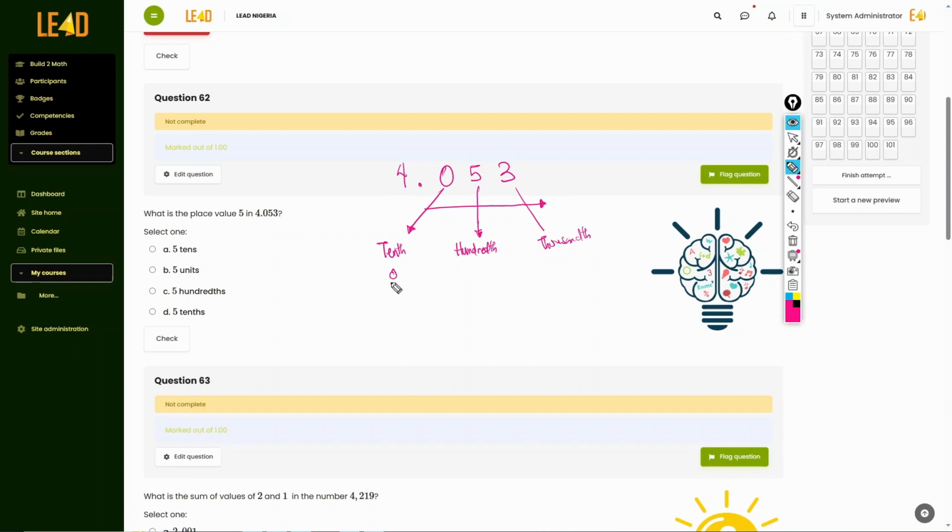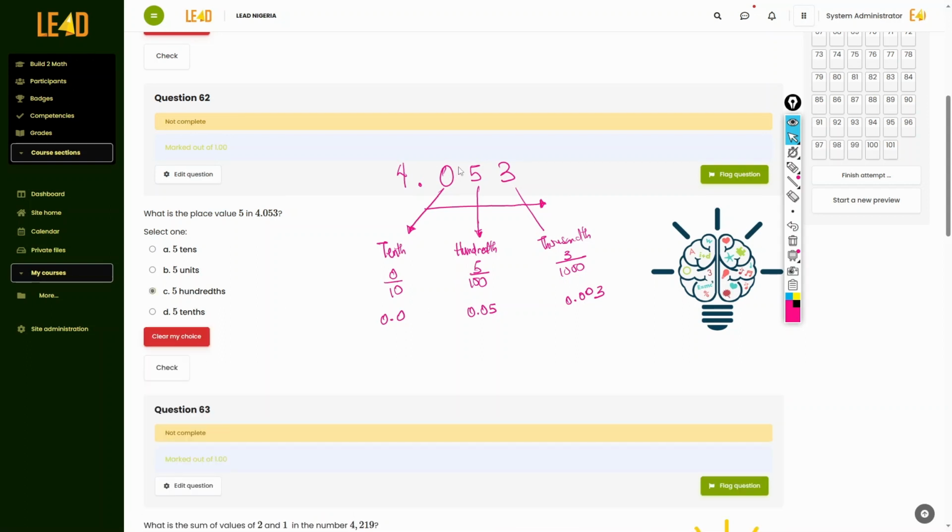Tenths can be written as 0 out of 10 or 0.0. Hundredths here can be written as 5 out of 100 or 0.05. Good. 3 can be written as 3 out of 1,000 or 0.003. But the answer is simply hundredths, right? That's C. So again, it's tenth, hundredth, thousandth, ten thousandth, hundred thousandth, millionth, and so on.